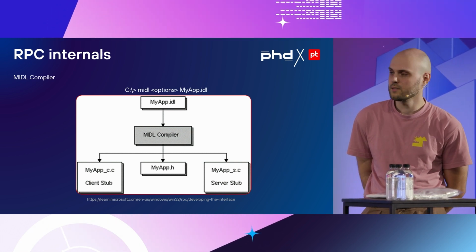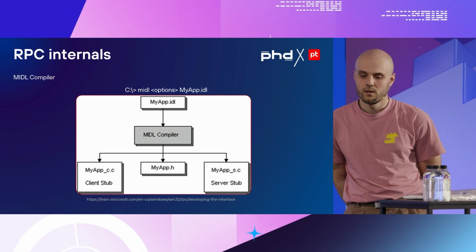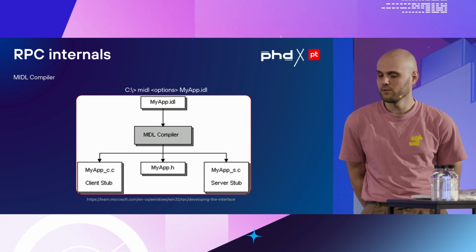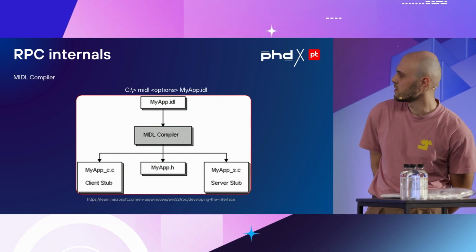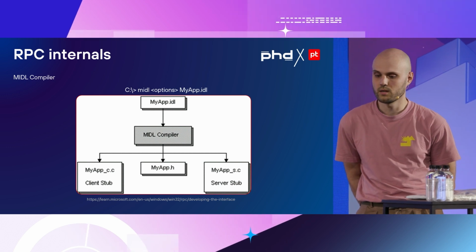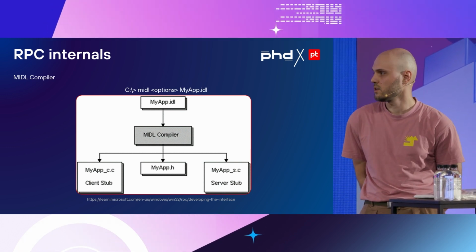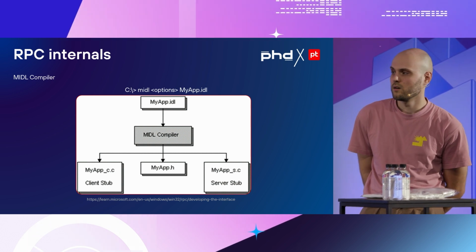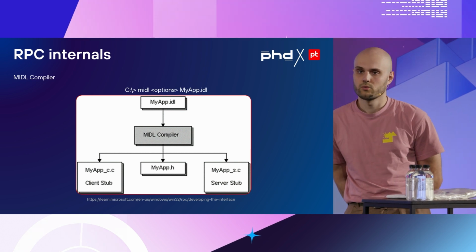Based on the MIDL file, there is client-server code that is compiled by the MIDL compiler, and as a result, you get three files: client stub, server stub, the skeletons for client and server, and a common header file that is used by both of them.